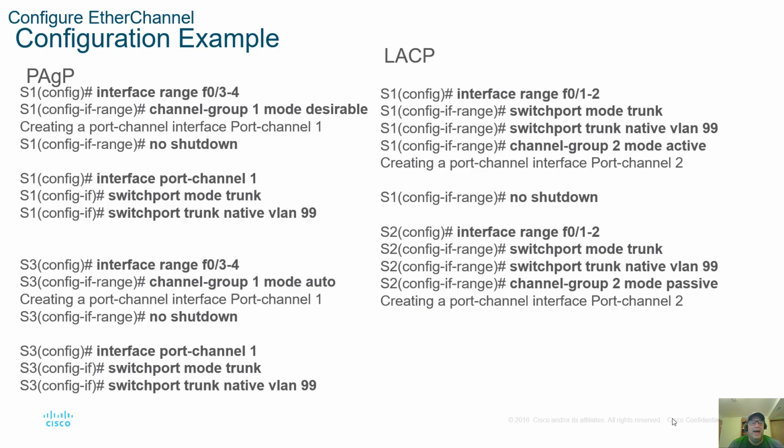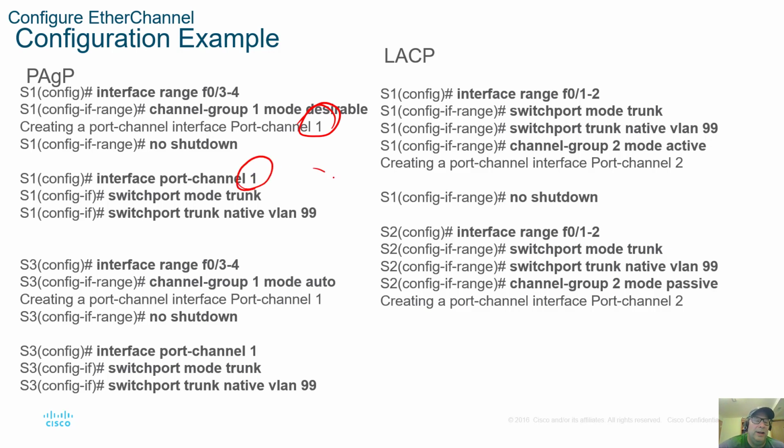Then once the channel group is created, you're going to go into that interface and set trunking on that port channel. So interface port-channel 1, switchport mode trunk, switchport trunk native VLAN 99. Great. The second part of that is just the other side of that link. One thing I do want to point out is that on the left-hand side for PAgP, you notice the port channel number is 1, and that is going to go back to this value here.